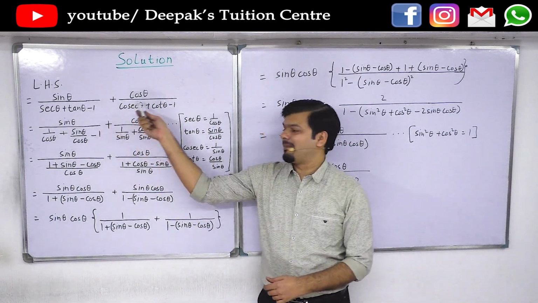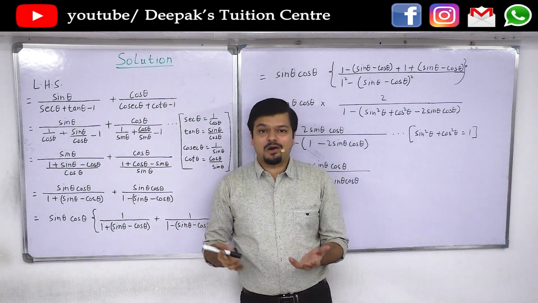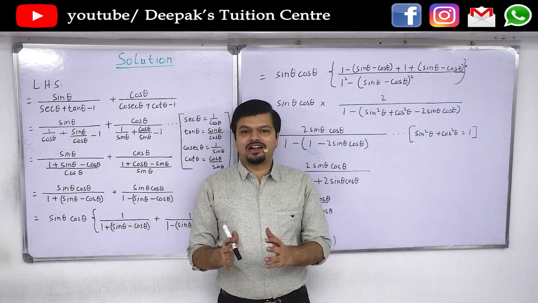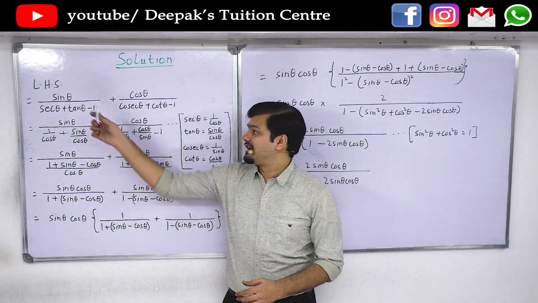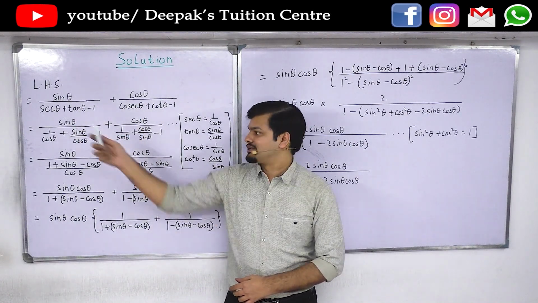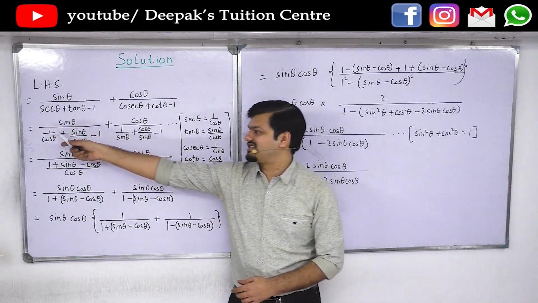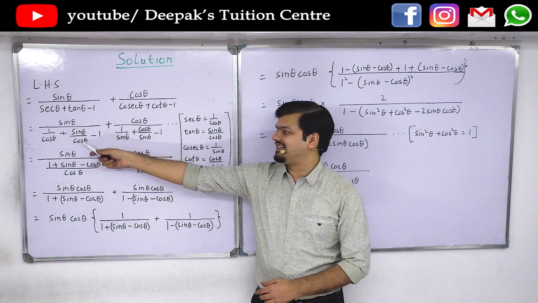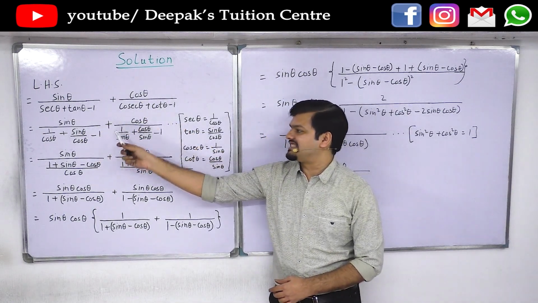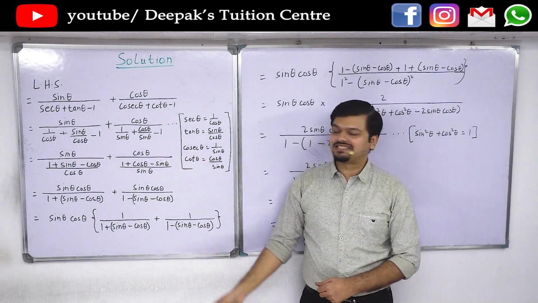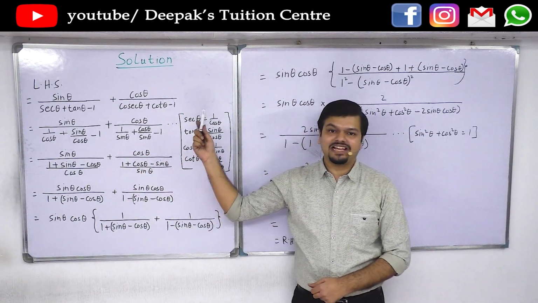Since we have so many trigonometric ratios which are not compatible with each other, we try to make them compatible. The general rule is to convert everything into either sin or cos. So sec theta is 1 by cos theta, tan theta is sin theta by cos theta, cosec theta is 1 by sin theta, and cot theta is cos theta by sin theta, and copy everything else.